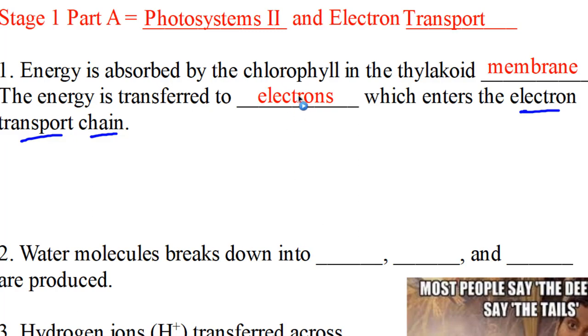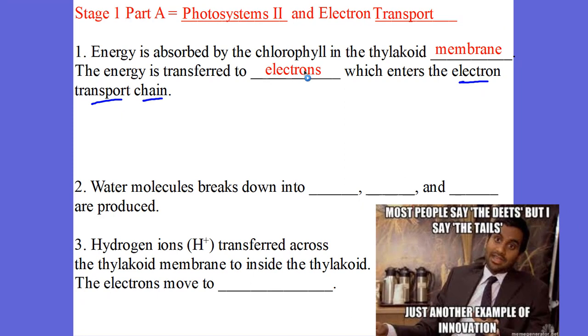And what do we know is water molecules break down. Water molecules are going to break down into oxygen gas, H+, that's called a proton, and electrons are produced. Now think about it. We have water. Water is H2O. So what's water going to break down into?